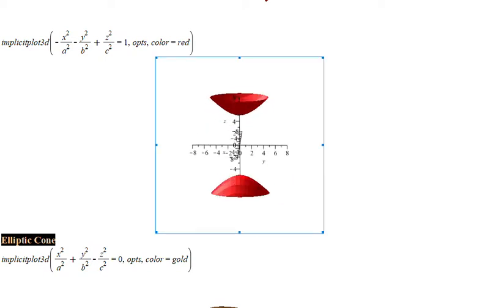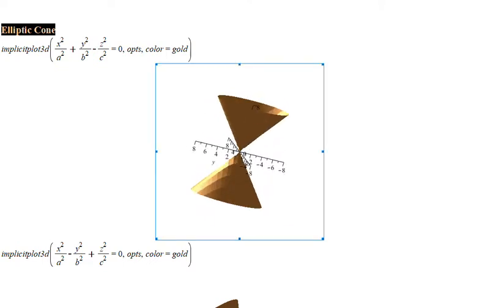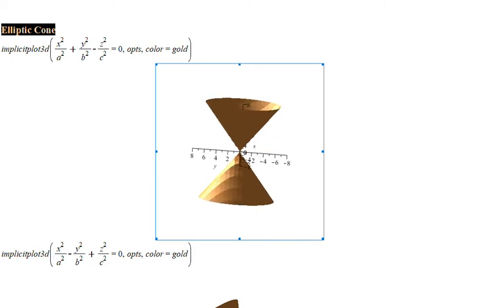And in the YZ image, we should see ellipses. So let's give it a turn so that we're looking down the x-axis in the YZ image. And there's our ellipse.